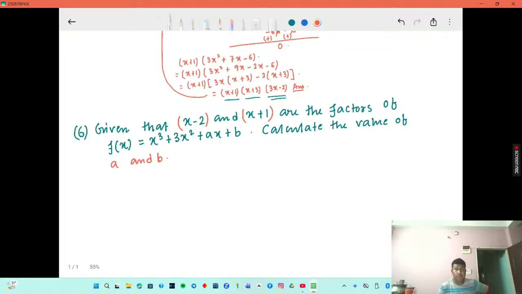So now we have to calculate the values of a and b in this given equation. So how can we solve to find the values of a and b?